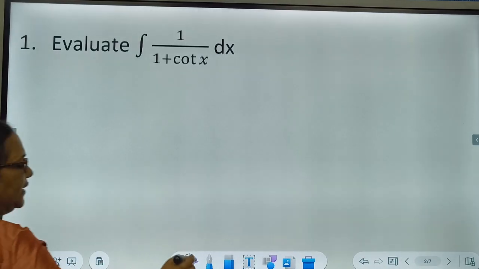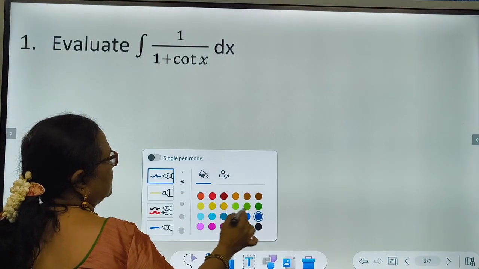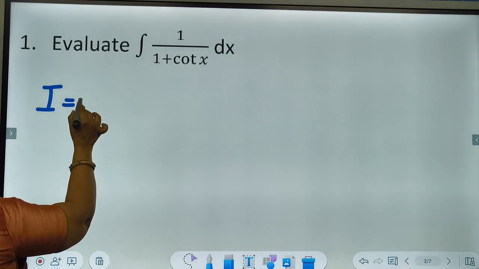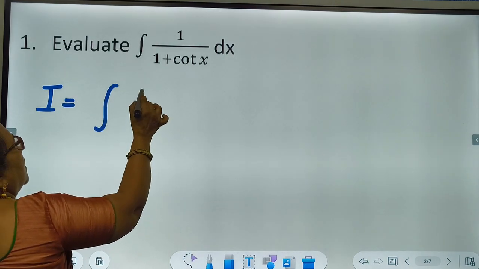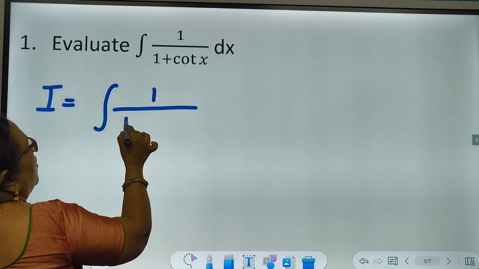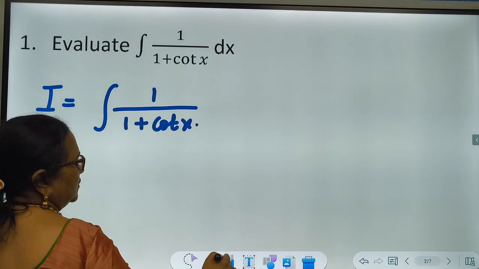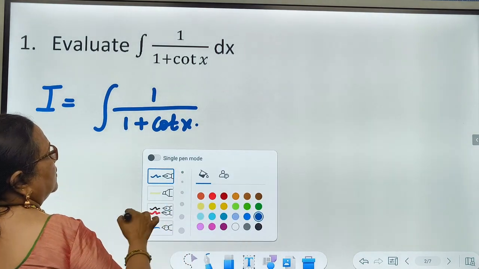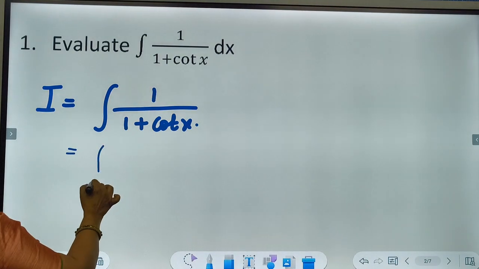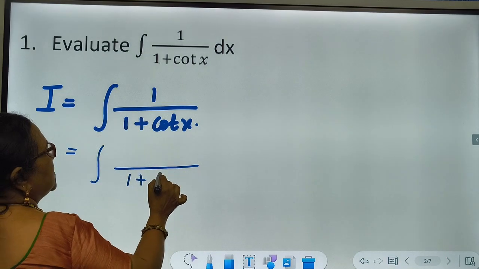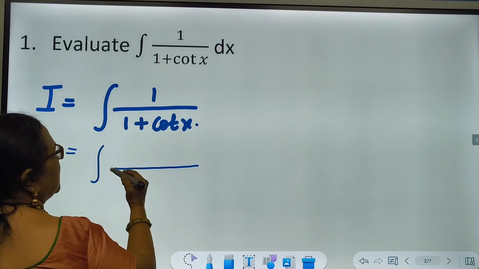So I am going to write I as integral of 1 by 1 plus cot x. This I can simplify. Cot x, I can write it as cos x by sin x, right?